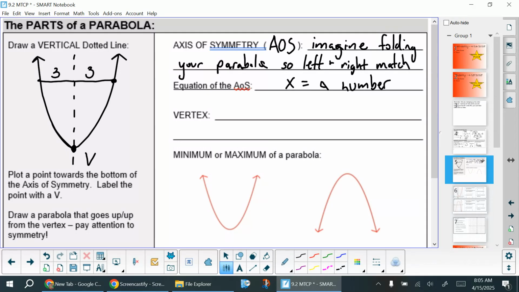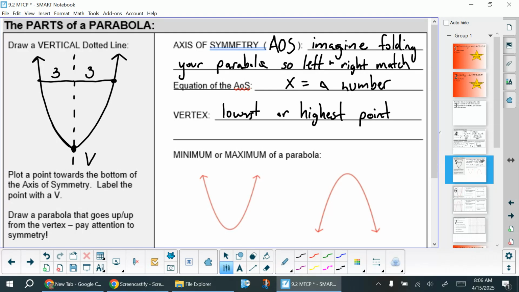And then the vertex is going to be either the lowest or highest point, where the graph kind of turns around, where it goes from going up to going down, or going down to going up.